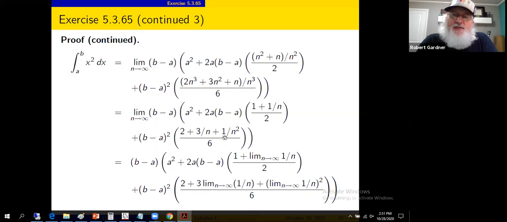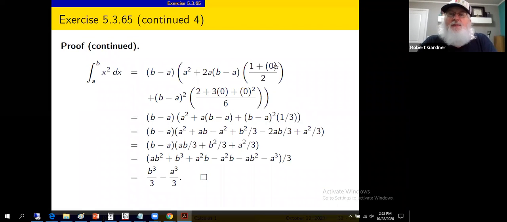Here we've got a limit as n approaches infinity of 1 over n squared. So take the squaring outside to produce this. And maybe you don't know much about limits as things approach infinity, but I know this: 1 over n approaches 0. So this will go to 0, this will go to 0 times 3, this will go to 0 squared. So I've very much isolated just the limits of 1 over n, as we've often done.